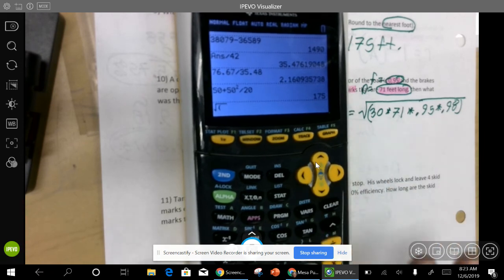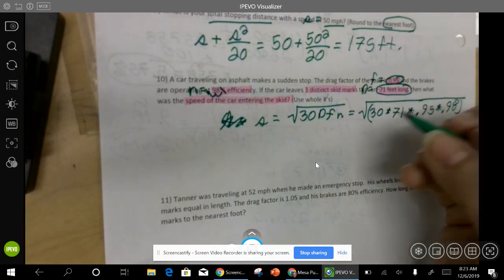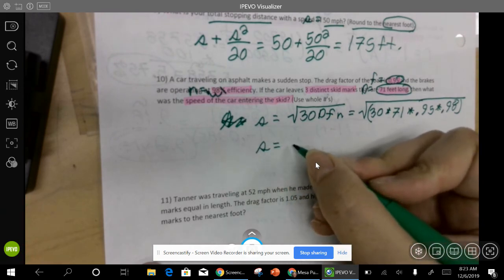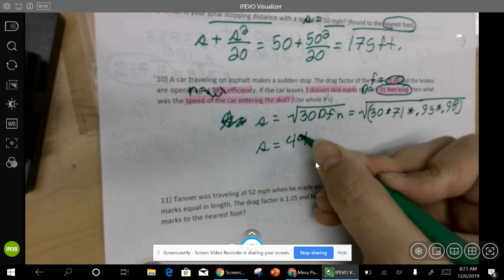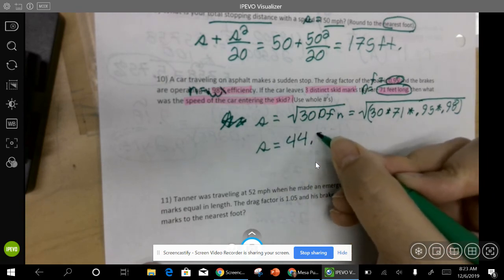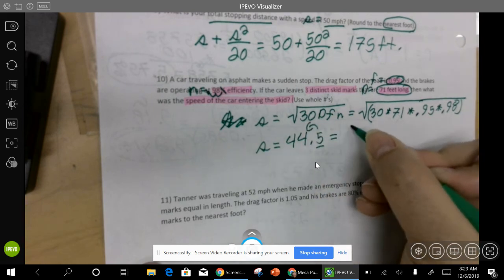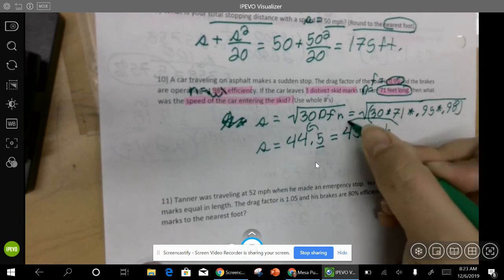I just put it all in. And we want a whole number. So I get 44.5. It says whole numbers, 5 and up rounded up, so it's going to be 45 miles per hour.